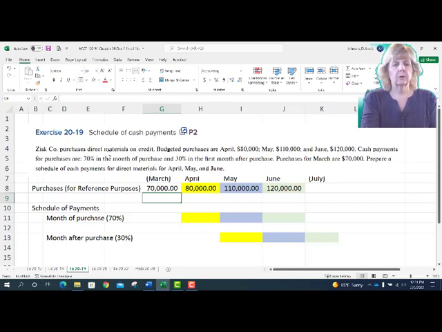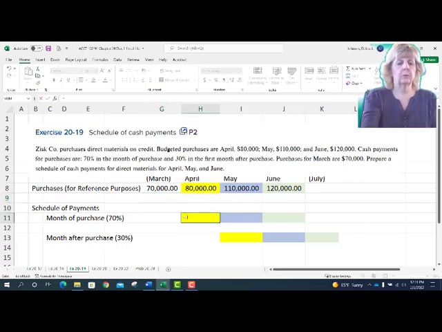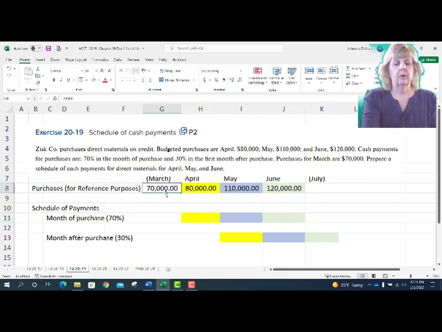So according to the diagram that they gave us, it says that 30% is paid out the month after the purchase. So I'm going to go ahead and use March's purchases. And even though the month of purchase doesn't fall on our schedule, the month after the purchase would certainly be relevant.